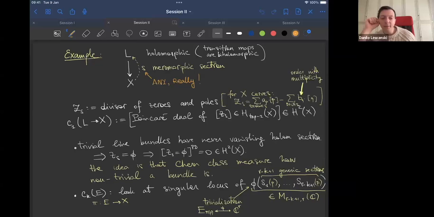And then if you take the first Chern class of this line bundle over X, then you get just the Poincare dual of Z_S. So basically, you just need to know zeros and poles with their multiplicity, and that would define it for you. So this divisor would identify for you a homology class in dimension of X minus 2, and therefore, by Poincare duality, would give you an element in the second cohomology group of X.